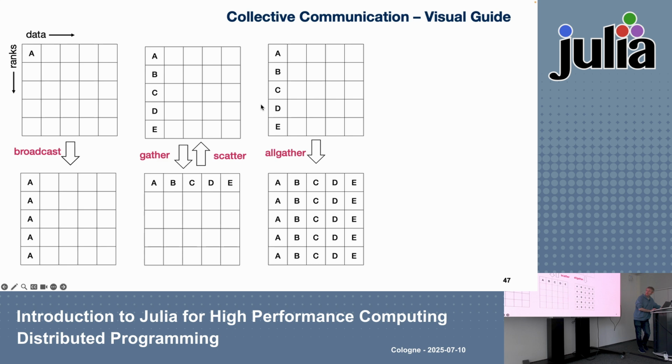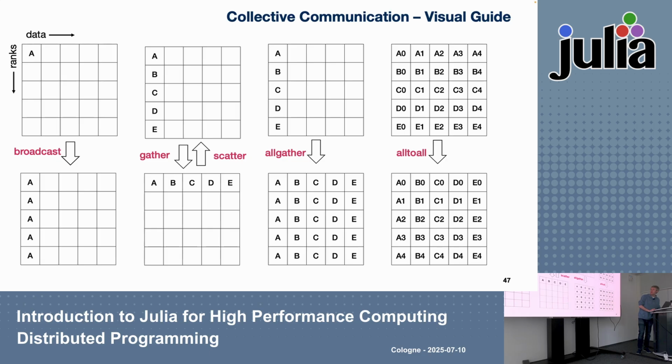And then we have some versions of these, like all-gather, which makes sure that not only one rank receives all of the data, but every rank receives a copy of all of the data. If for some reason every rank needs the partial results of all other ranks, then you could use this.